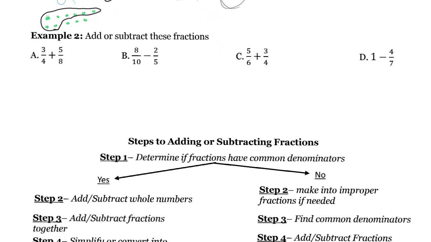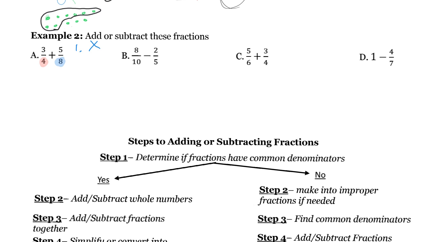Now we're doing the same thing. So step 1 is to make sure they have common denominators. Do these denominators have the same number? No. So step 1, they don't have the same number. That means we have to make them have common denominators.